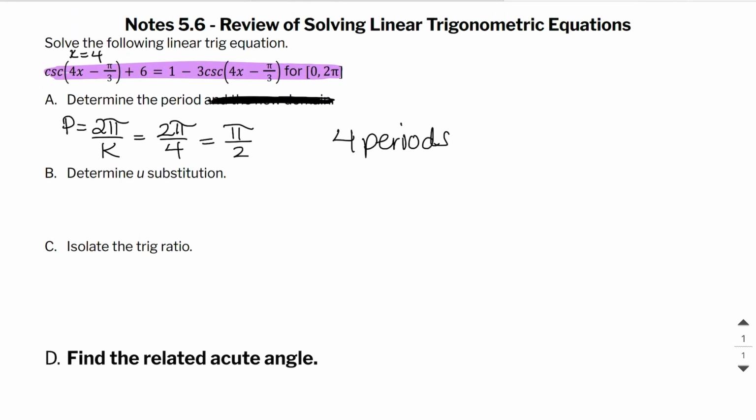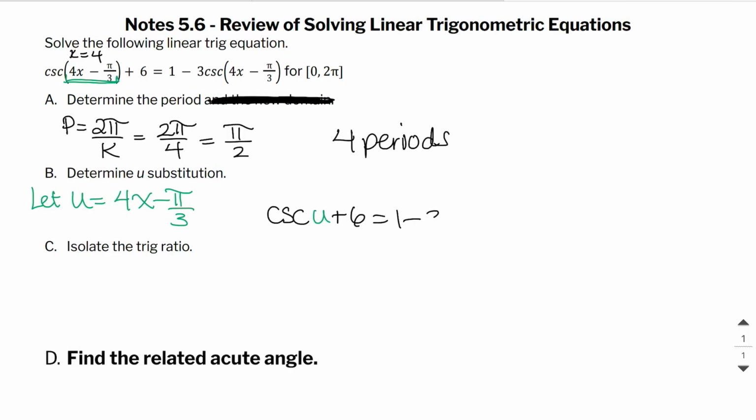Now we need to determine a u substitution. Our u substitution is going to be based on whatever our angle is. So here we're going to say let u equal 4x minus pi over 3. In doing that, our new equation becomes cosecant of u plus 6 equals 1 minus 3 cosecant of u.